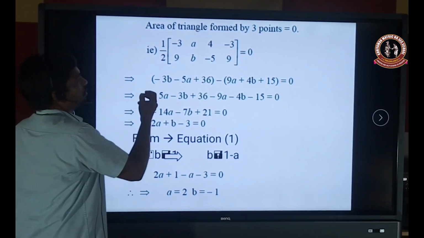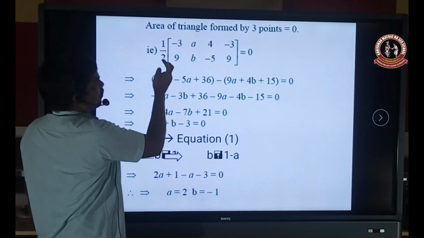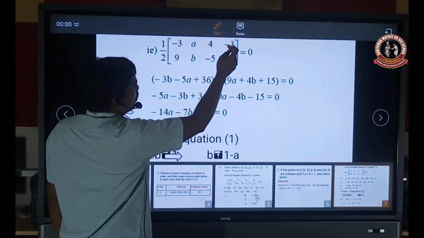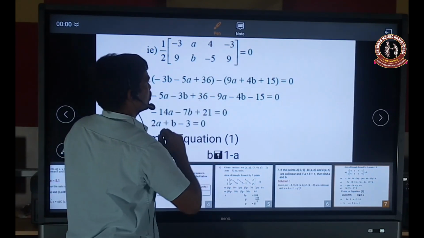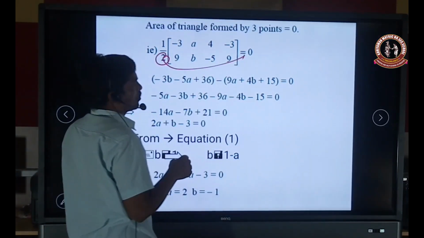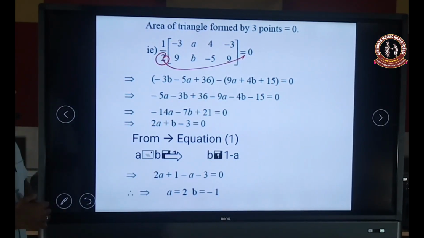So the area of a triangle is equal to 1 by 2 into x1 y1, x2 y2, x3 y3, again x1 y1, equal to 0. Now this 2 goes to the right hand side. So 2 multiplied with 0 equals 0.